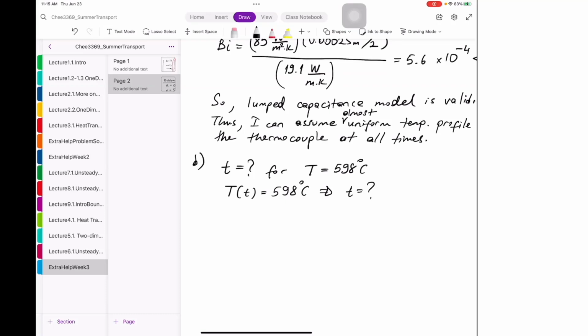Or, in other words, I want to find out what is the waiting time for this thermometer, because that's going to actually be the performance of the thermometer, right? If it actually gives me this value really fast, in a really short time, that means it's a really good thermometer which equilibrates fast. If it gives me this temperature with a really long time, then that might not be something that I need.